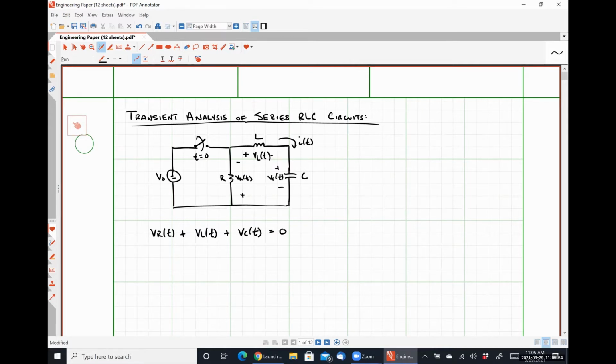And all three of these voltages can be related back to our common current i(t).